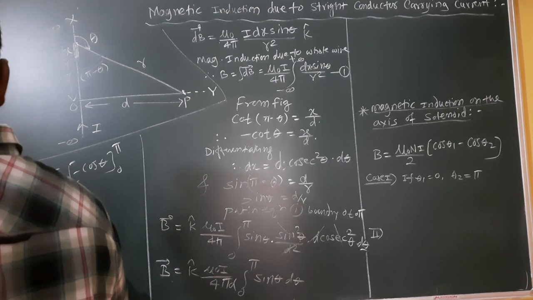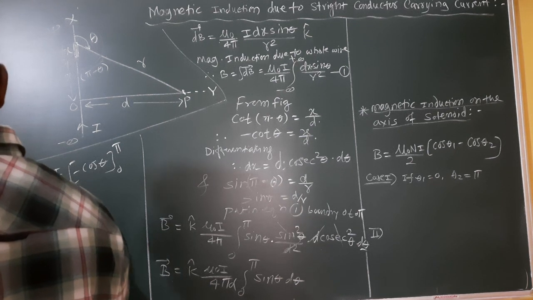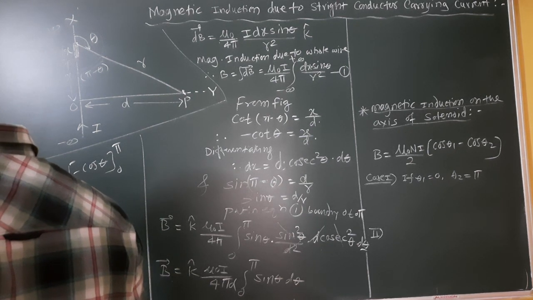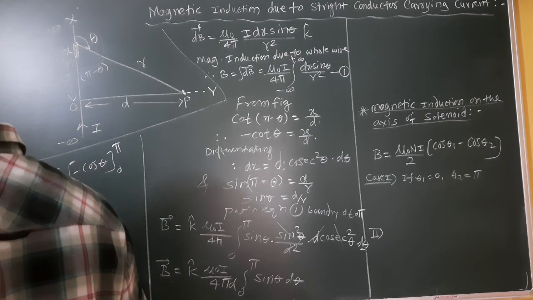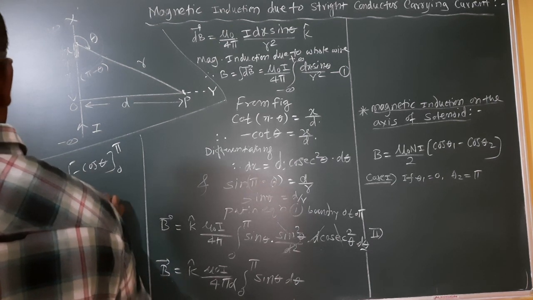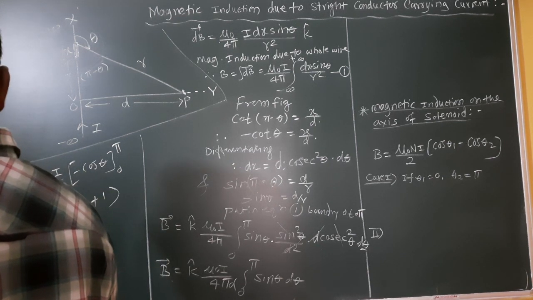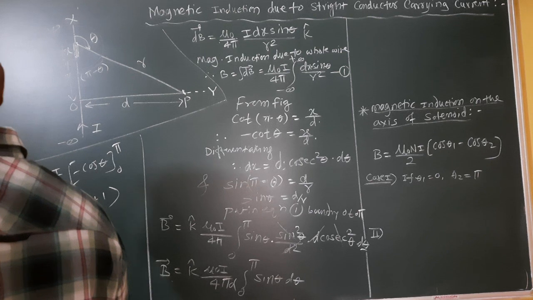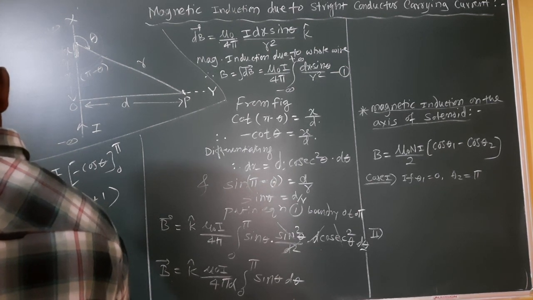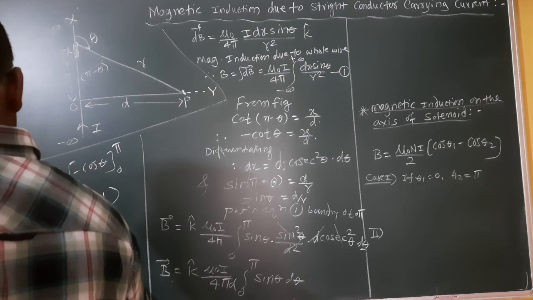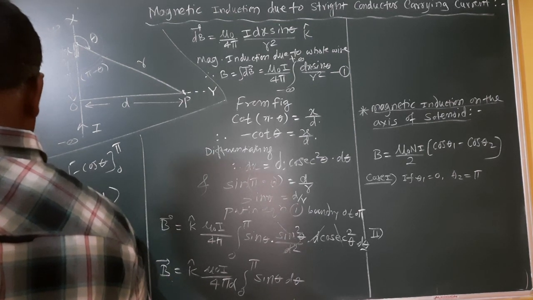It gives mu 0 I upon 4 pi d, k as it is, and this can be written as 1 plus 1, and finally B is equal to mu 0 upon 4 pi, in the bracket 2I divided by d into k cap.